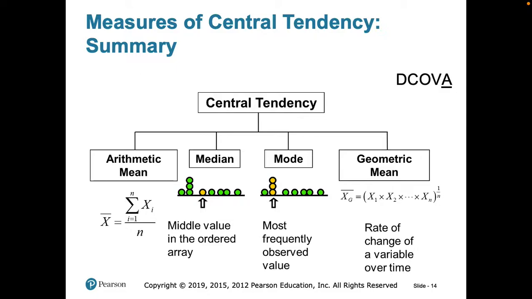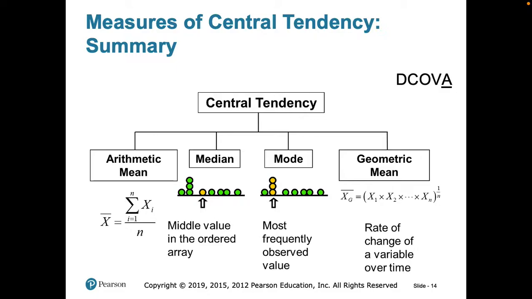All right. In short, let's talk about central tendency. Let's summarize what we just talked about. We do have the arithmetic mean, where you add all of the values and then you divide by the number of observations that you have. We have the median, which is the middle value in the ordered array, which the good thing about this is it's not sensitive to outliers, to having those extreme values. So the median is not affected by that.